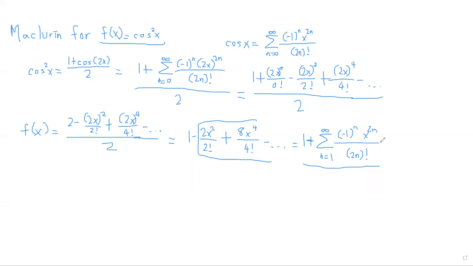Hey guys, I'm back. This was a very delicate process. I realized I missed a term, but it's all together now. Multiplied by 2 to the power of 2n minus 1. And just to clarify, this is the series for cos squared x.